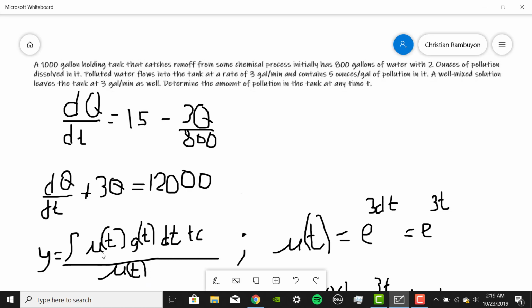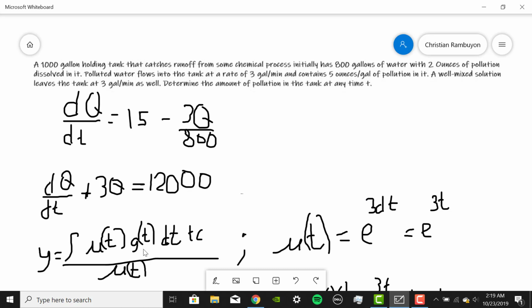Now, how do we get this mu of t? We get this mu of t from the coefficient of the 3q, which is 3. So mu of t is always expressed as e raised to the integral of 3 dt. After it is integrated, it becomes e raised to 3t.